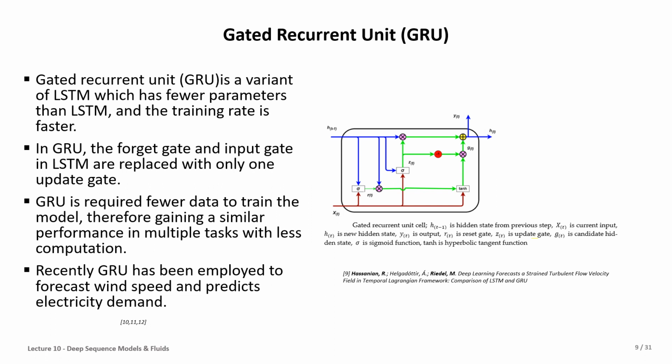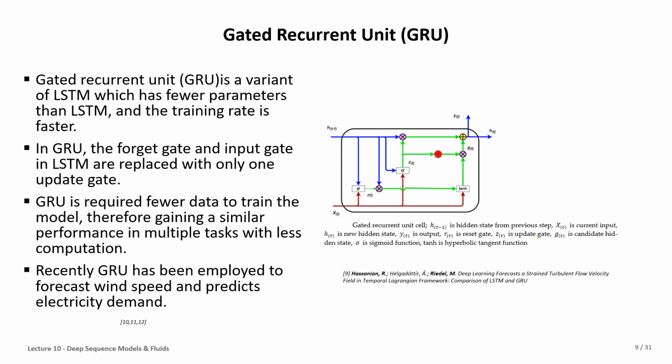It's important because usually in deep learning, one of the challenges is computing. When we need more data and have a low training rate, the computing takes longer and will be costly. From the literature, GRU has a better performance than LSTM.